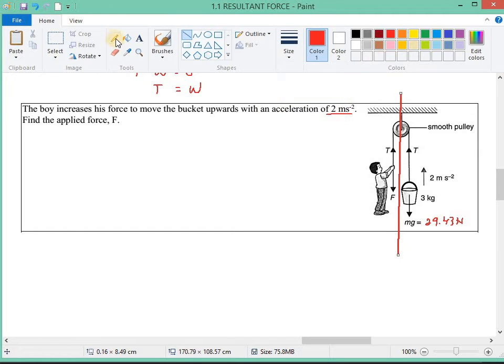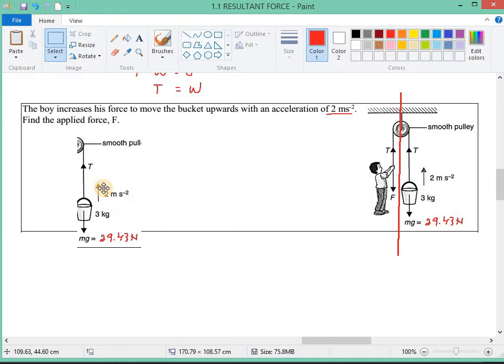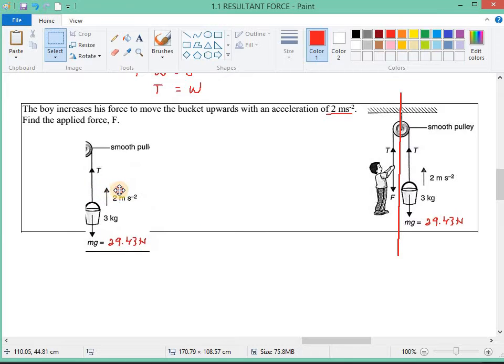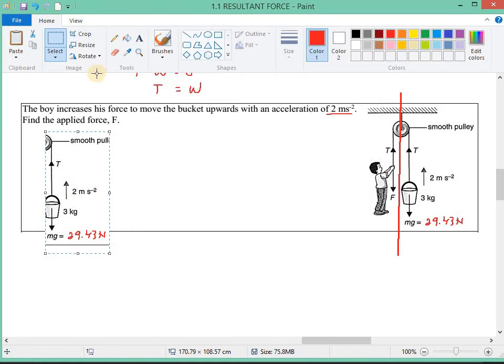You just concentrate on the part with the bucket.